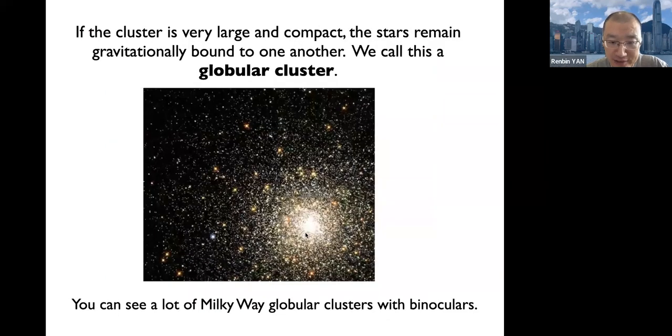But in a globular cluster, the gravity is strong enough to hold them together for a much longer time. In this cluster you have millions of stars, densely clustered, so the gravity is strong enough that these stars will not easily fly away. Of course, some of the stars will still be able to fly away.